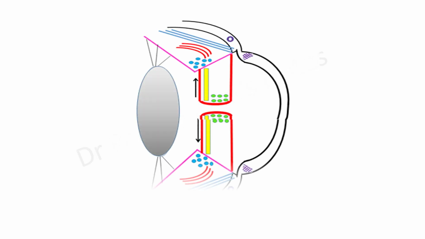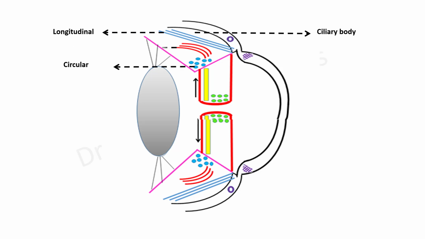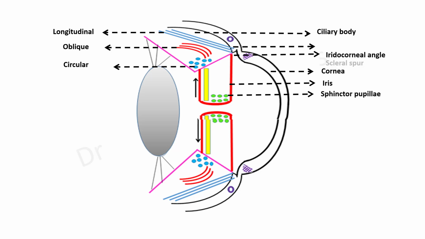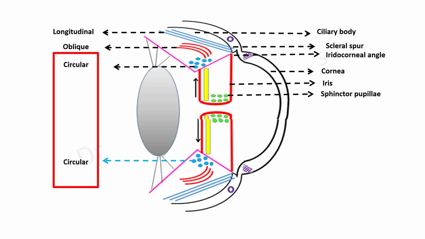Here again is the diagram with both the superior ciliary body and inferior ciliary body represented. And let us take a look at the circular fibers of the ciliary muscle in both the superior ciliary body and the inferior ciliary body.